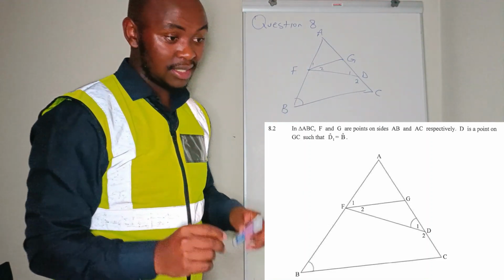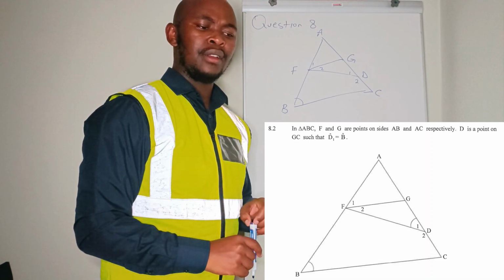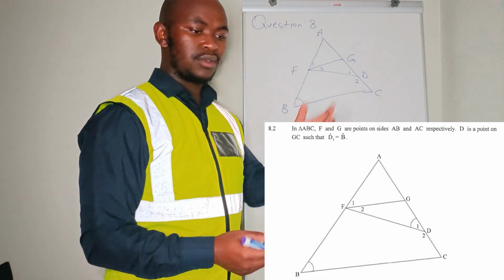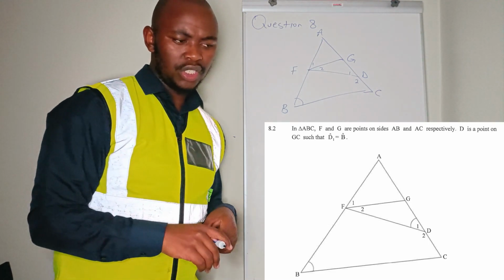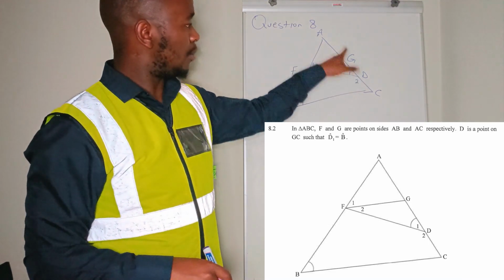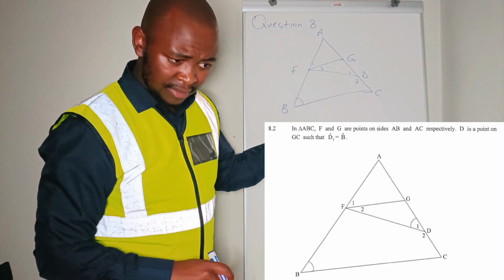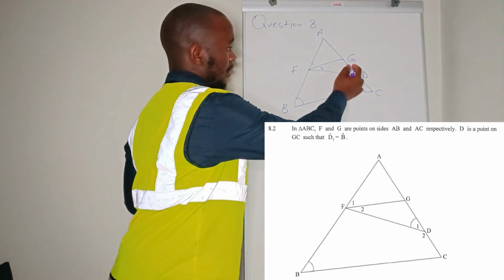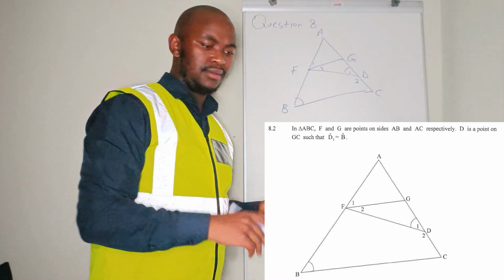They have told us that, we didn't assume. D is a point on GC such that D1 is equal to B. Alright, that's it.